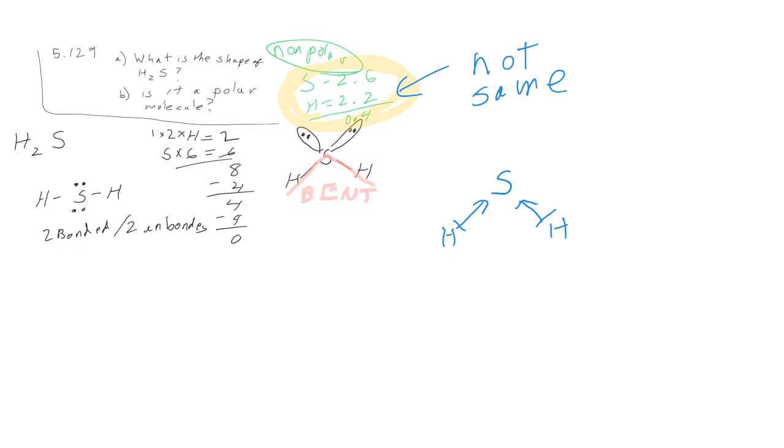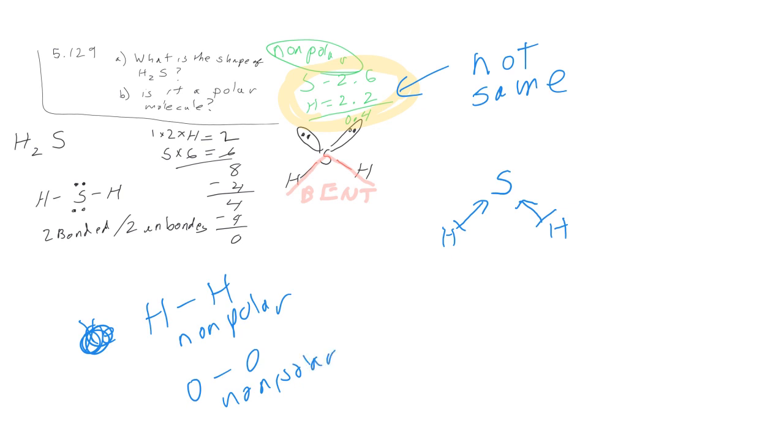The only time you can really say that something is 100% non-polar is if it's an element bonded to itself. If you have hydrogen bonded to hydrogen, that's always going to be non-polar because there's no difference. Oxygen bonded to oxygen, there's no difference in electronegativity value, so it's going to be 100% non-polar. Anytime you have anything else bonded together, you can argue that there's a dipole moment.